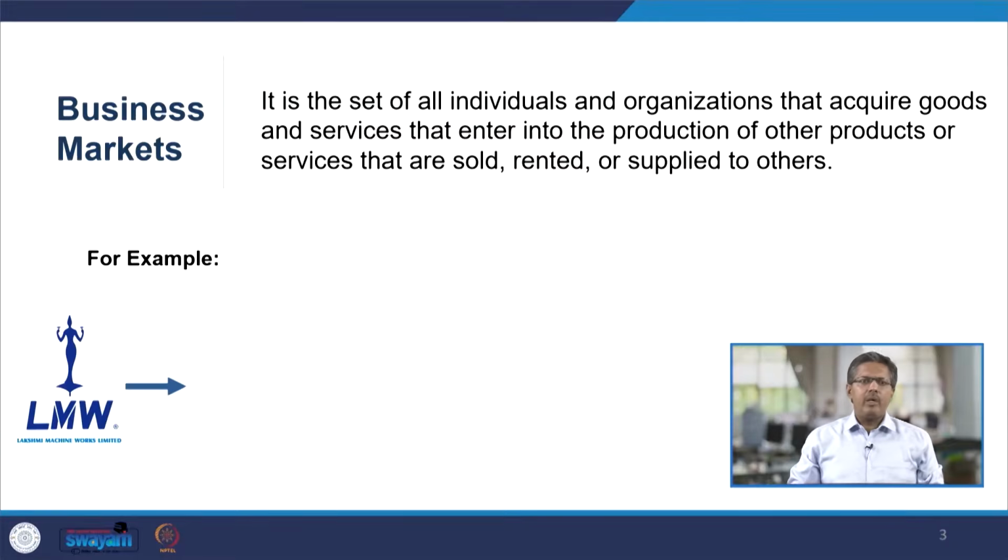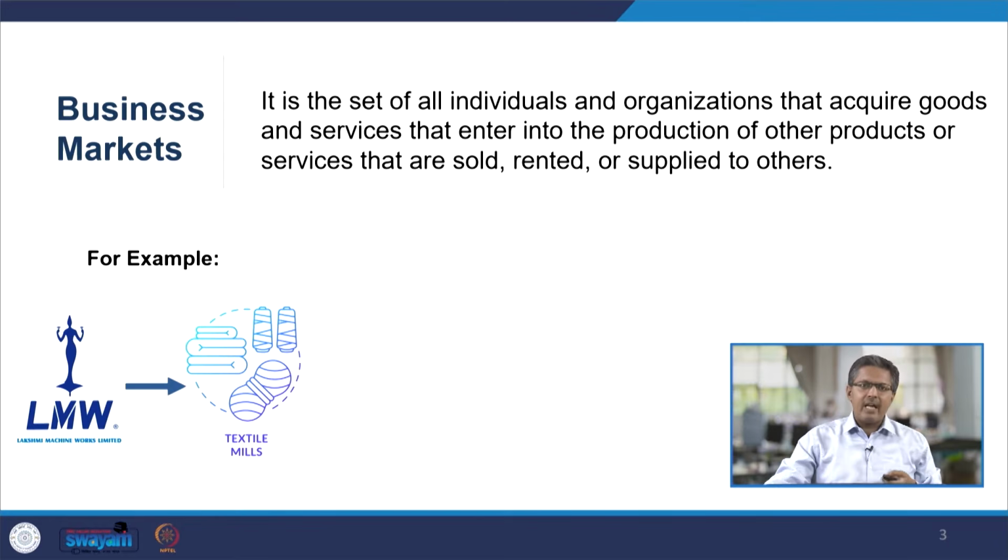Now, look at this example, LMW. Lakshmi Machine Works is a company that produces machines which are sold to textile mills.